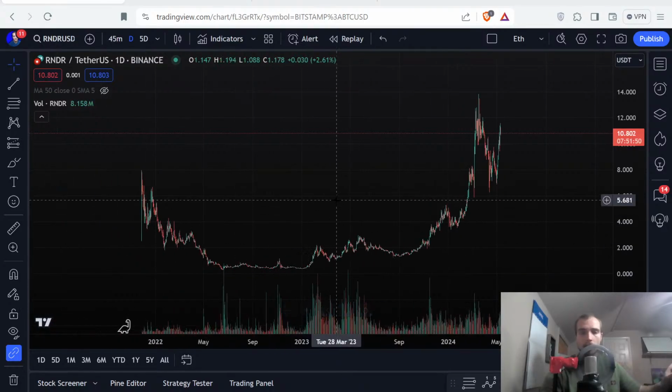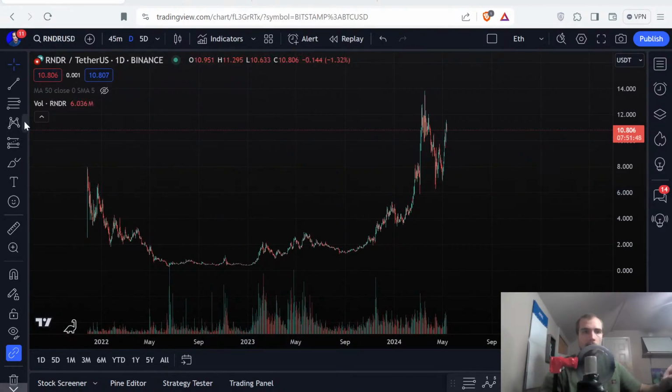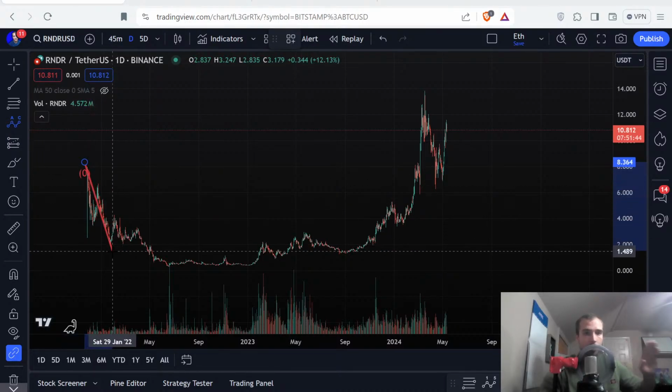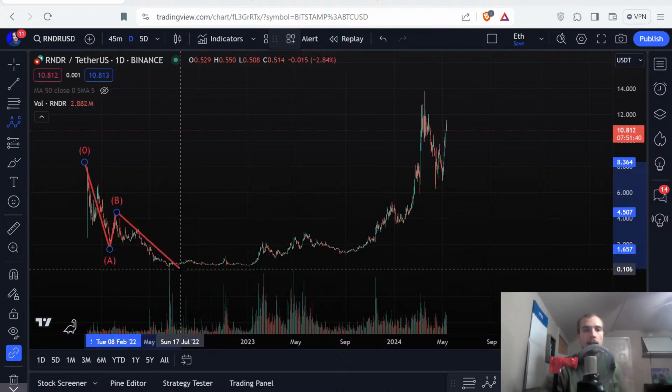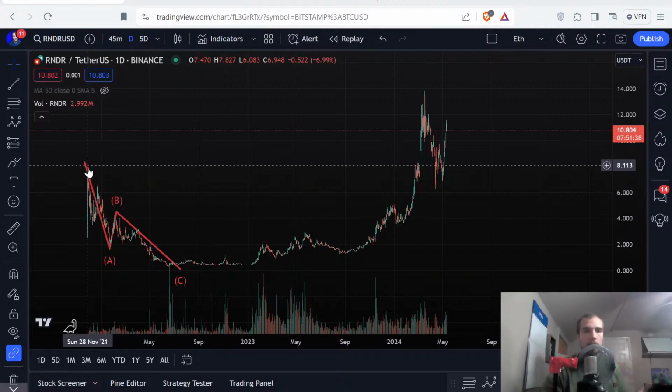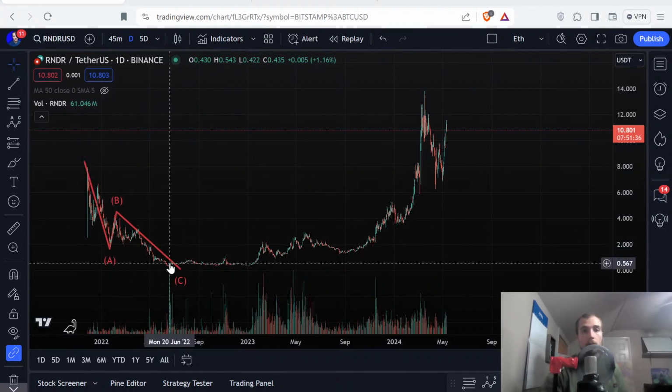Let's remove all the drawing tools and slow down a little bit here. Then we'll talk about a different coin. So I'll just run over that one more time because I'm talking really fast. I want to make sure you guys understand. So A, B, and C wave down, right? So there's our ABC down. Then we do sideways accumulation, right? That's what Ethereum did in 2018.